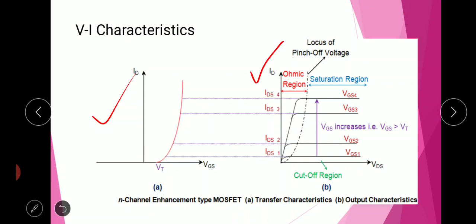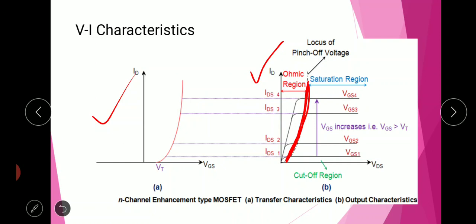Next, this one is the output characteristic. It is the curve between drain current versus drain to source voltage. In this characteristic, with increase in VDS, means drain to source voltage, the drain current also increases until the pinch off condition, means this line represents the pinch off voltage. So up to that the drain current increases.